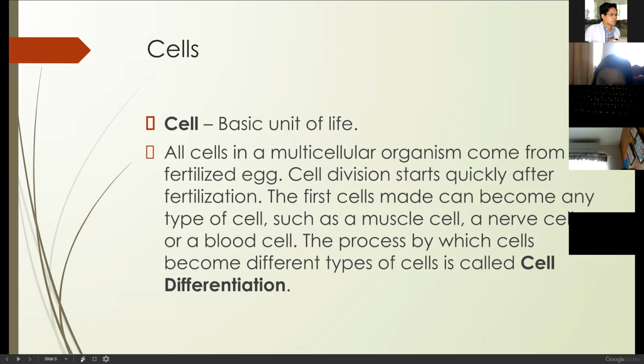It will undergo cell differentiation in order to create different types of cells, like your skin, your cardiac muscles, your blood cells, your nerve cells. Again, it came from a single cell.